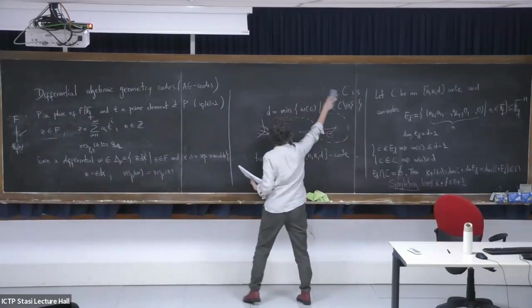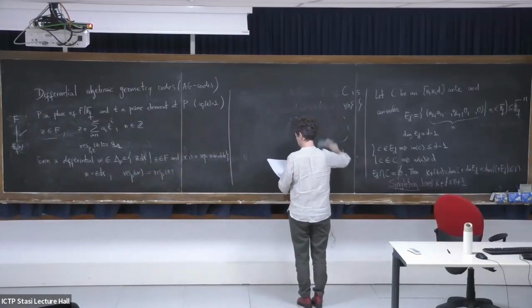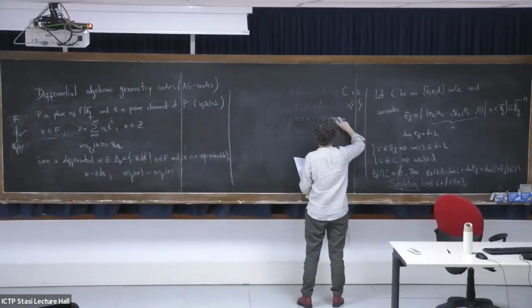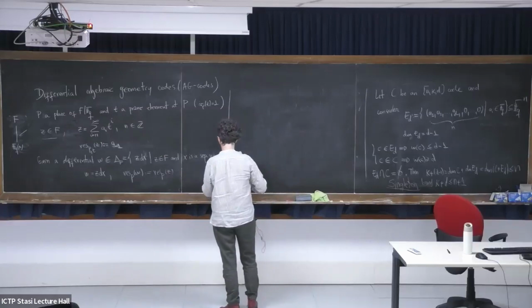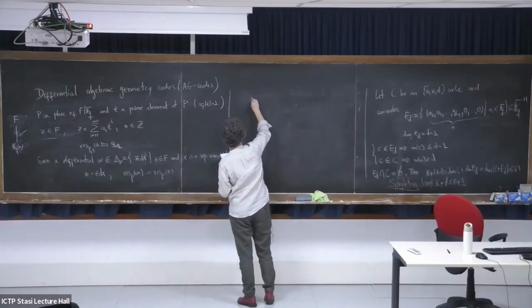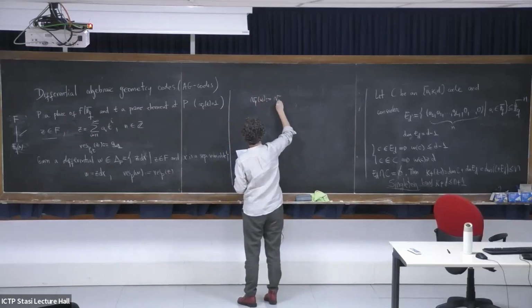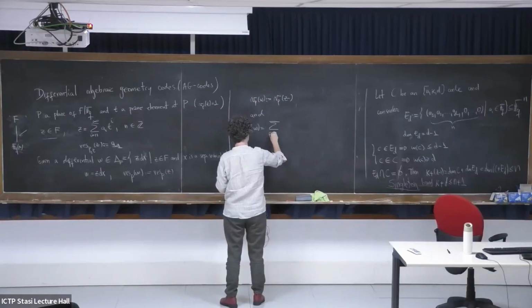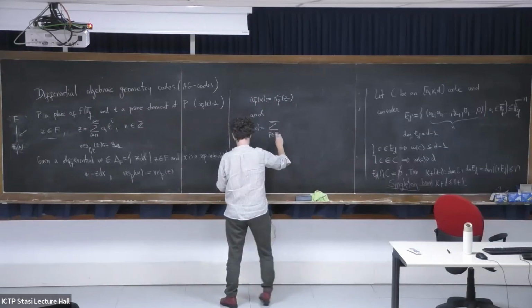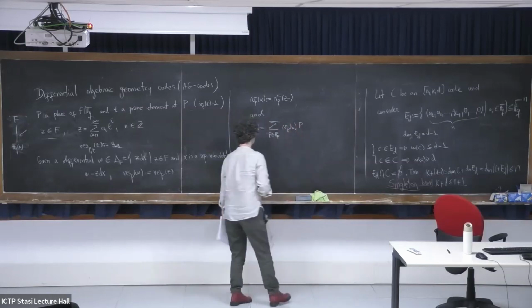And we also know that the divisor, we are going to define the divisor of the differential. So we also say that v_P computed at omega is, by definition, v_P at z. And the divisor of the differential is the sum over all the places of v_P of omega times P. Okay?